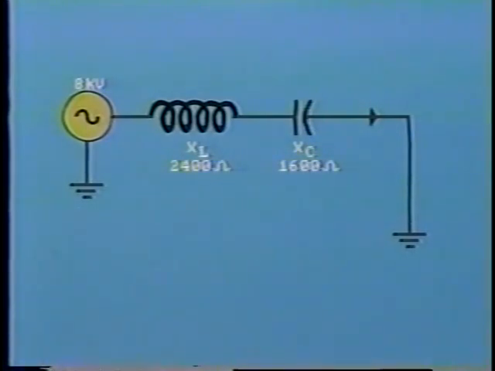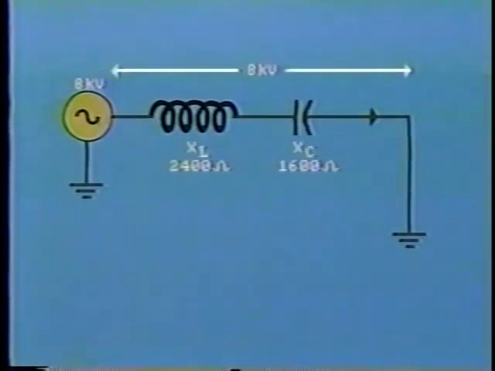You'll remember from your study of electrical fundamentals that the term resonance refers to the combination of inductance and capacitance that can give rise to extremely high voltage levels. For example, look at this simple series circuit. We have an inductive reactance of 2,400 ohms in series with a capacitive reactance of 1,600 ohms. The voltage across the circuit is 8 kV.